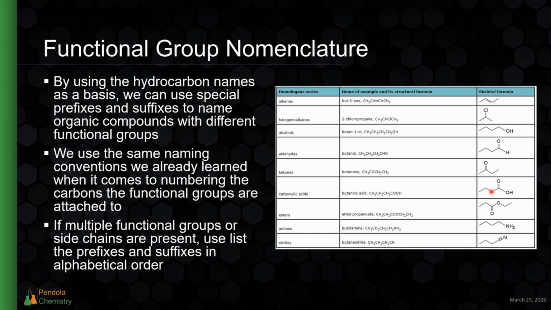And then esters are the most complex because they have two different carbon chains. So we're going to look at all of that. All right. So if we have multiple prefixes and suffixes that need to be added, we're going to add them in alphabetical order, just like we did the side chains earlier. So let's start going through these.